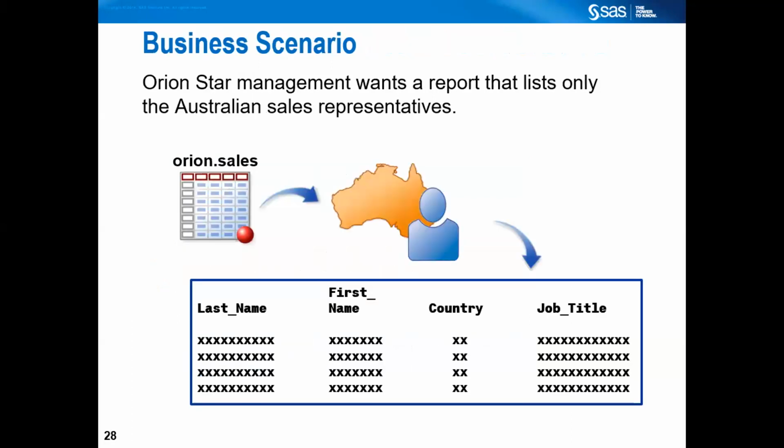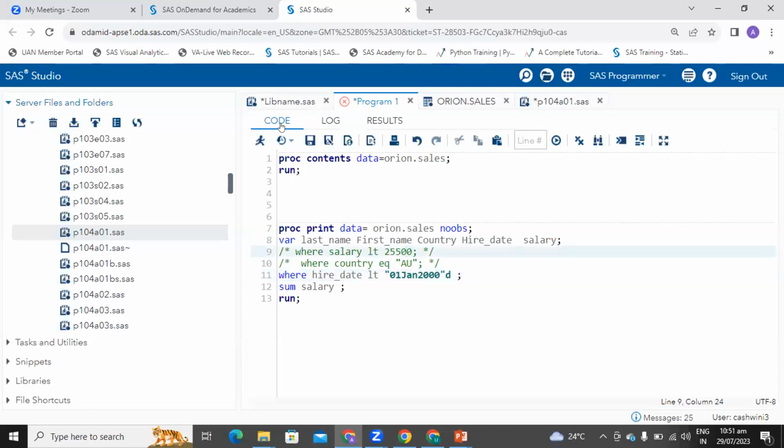Before moving to this part we had learned, correct? That is why, if you remember, whenever I wanted to show you each operator, I did not keep the earlier where. I kept on giving a comment for the earlier where, and then I showed each and every example.